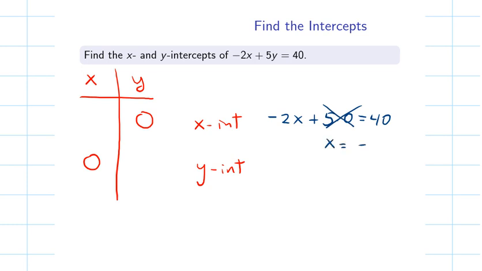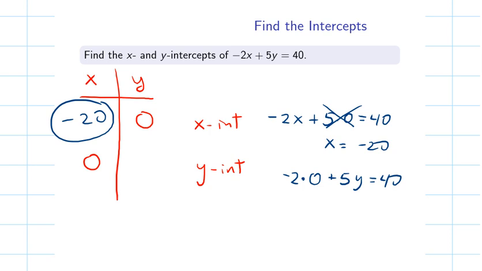So negative 20 is the x-intercept, and for the y-intercept, we want x to equal 0, so negative 2 times 0 plus 5y equals 40, and that part disappears, so we have y equals 8. That is the y-intercept. This standard form equation makes it so easy to find the x and the y-intercepts.